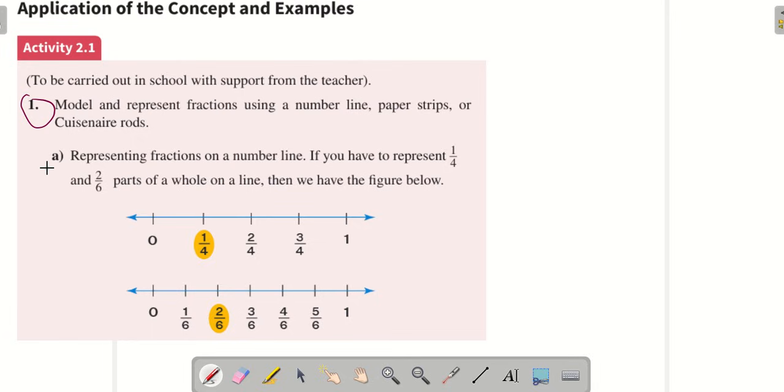So the first part A, we are representing fractions on a number line. So let's look at this number line. The number line has been divided into 1, 2, 3, 4, 5. So we have 5 divisions. We are starting from 0 and we are ending at 1.